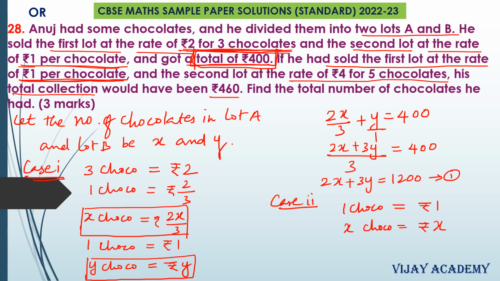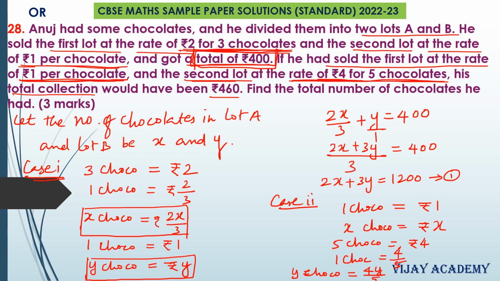Similarly, coming to the second lot at the rate of rupees 4 for 5 chocolates, 5 chocolates cost rupees 4. Therefore, one chocolate costs rupees 4 by 5. Then y chocolates cost rupees 4y divided by 5.